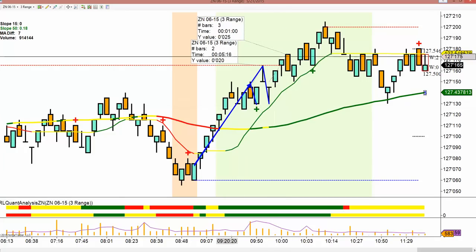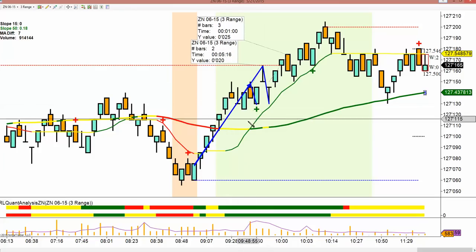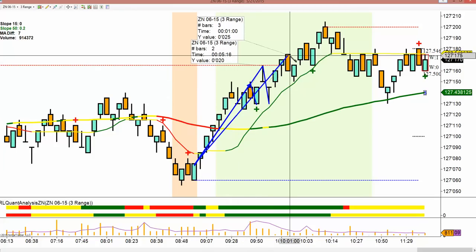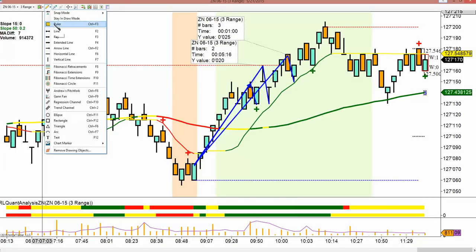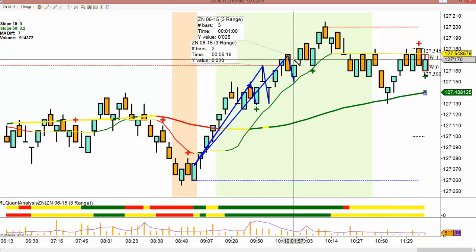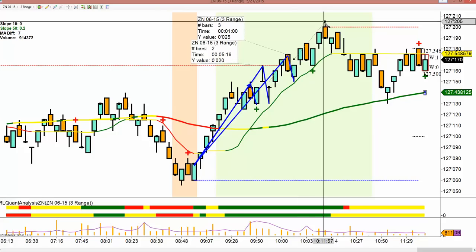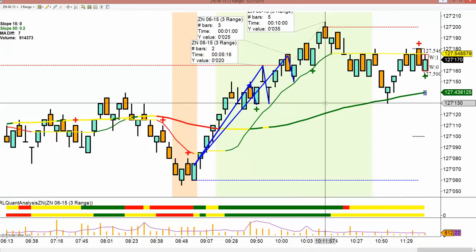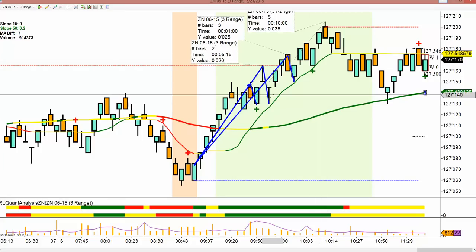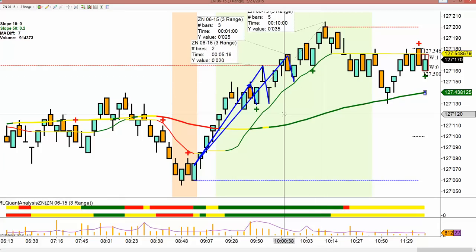You have a 5-tick move. And if you take this retracement, you're going to wind up with a 7-tick move. So these are very lucrative trades when you trade with the quant lines.